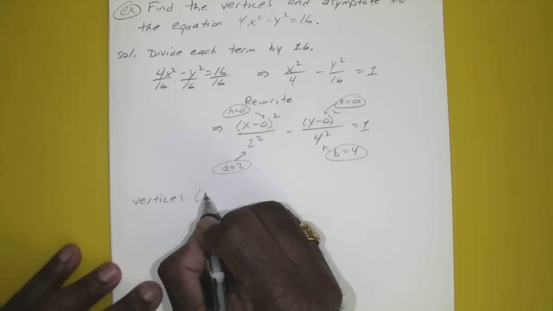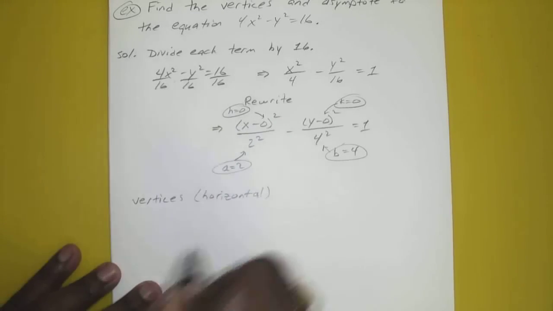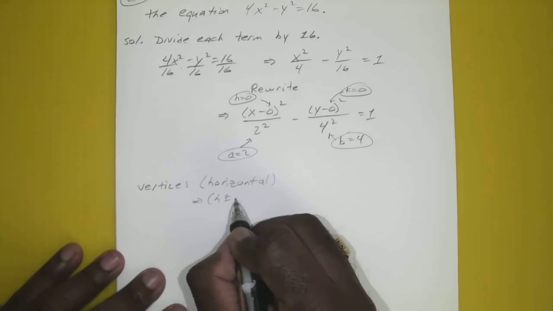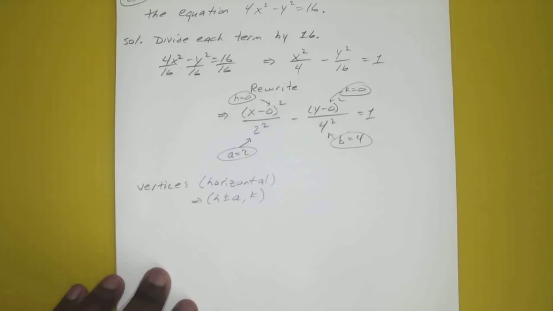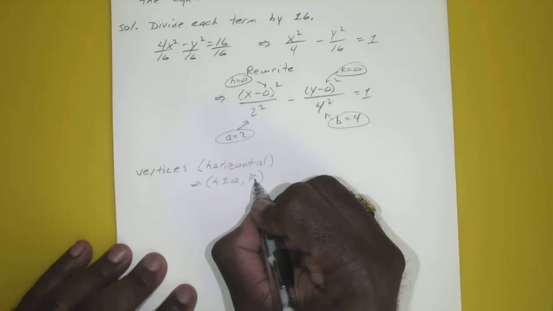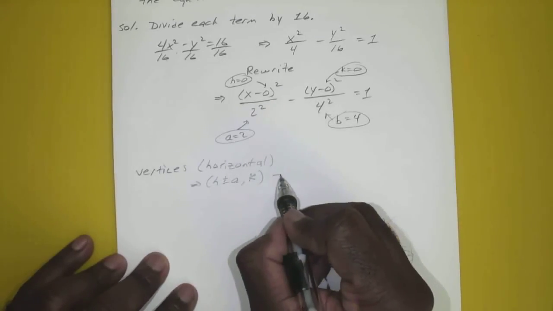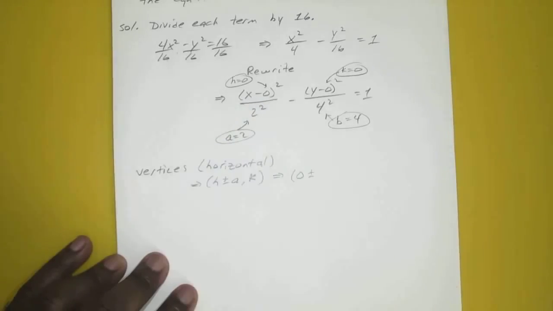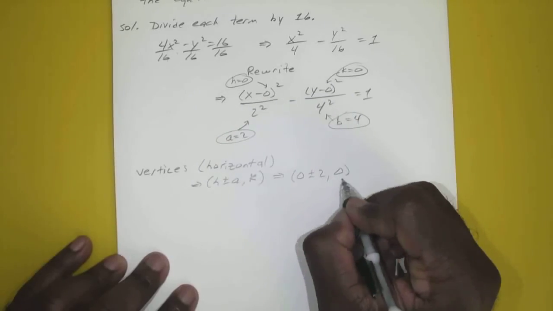Because this is horizontal, our vertices are h plus or minus a, k. We know that h is equal to 0, so you have 0 plus or minus a, 0.